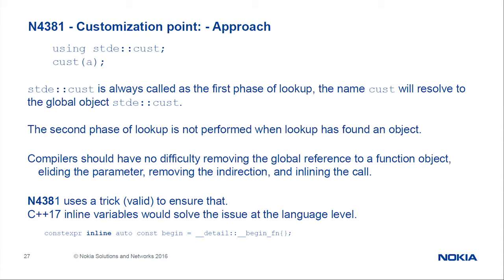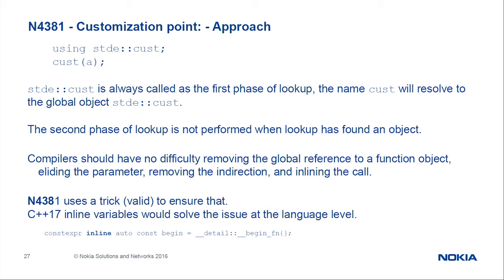How does it work? It works because when we are using std cust, cust is not a function, it's a variable. And when we find a variable in the first phase of lookup, we don't look for the second phase of overload resolution. Then we find a variable of that type, we take it.